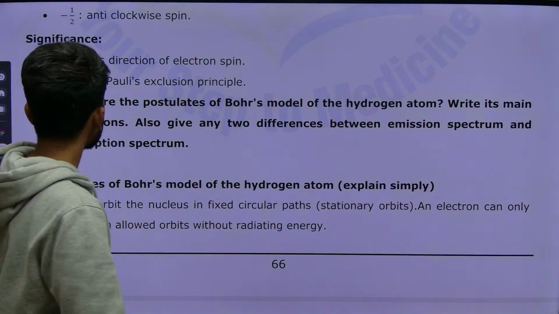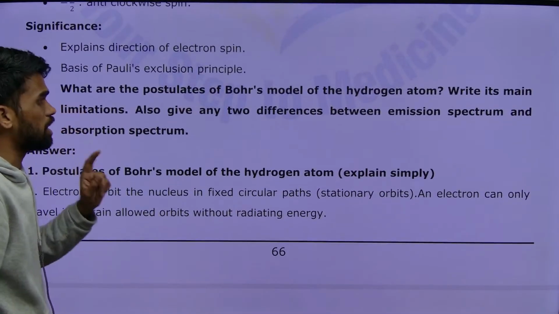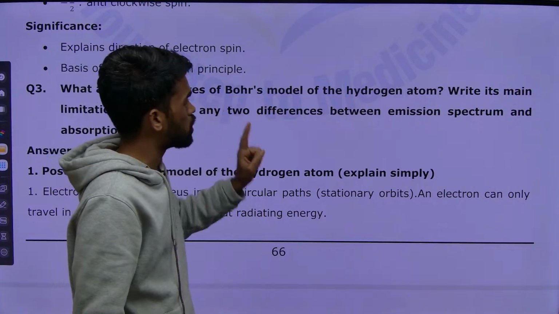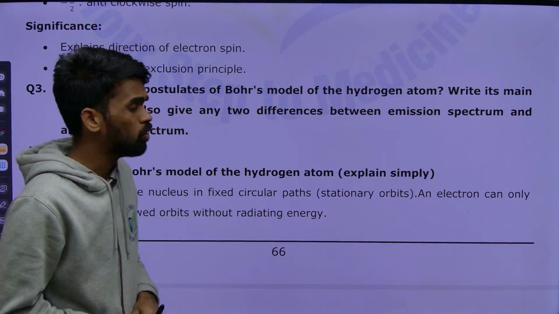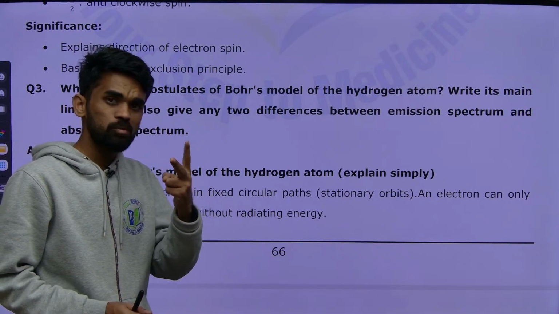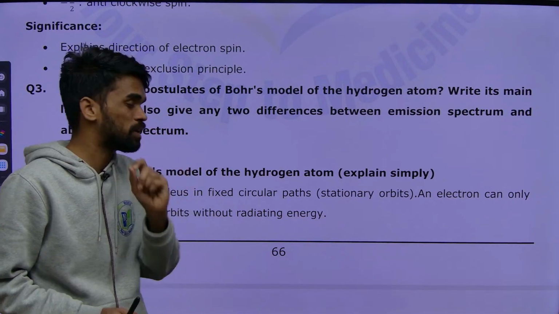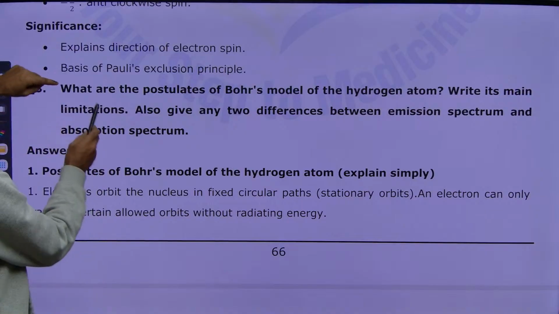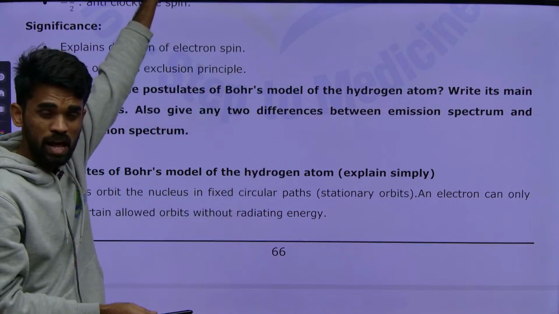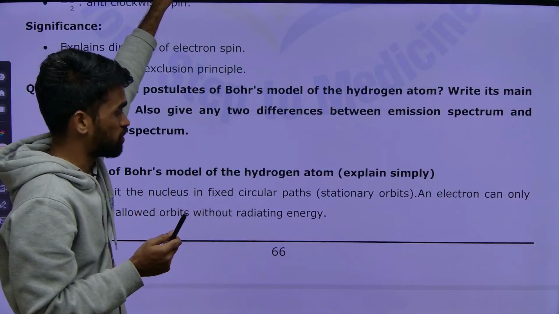Now, in the first session I explained the postulates of Bohr's atomic model. Along with that I gave the limitations and all. Now, the same question they may make a little different. See here, they may ask: what are the postulates of Bohr's model of hydrogen atom, same as the first question.